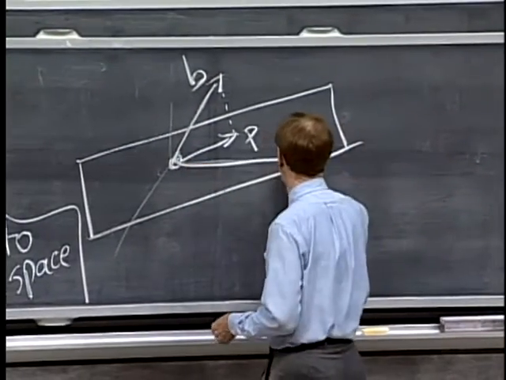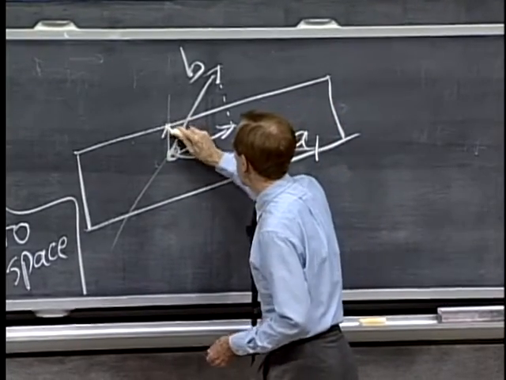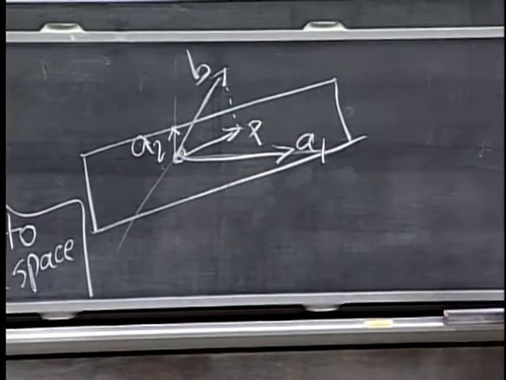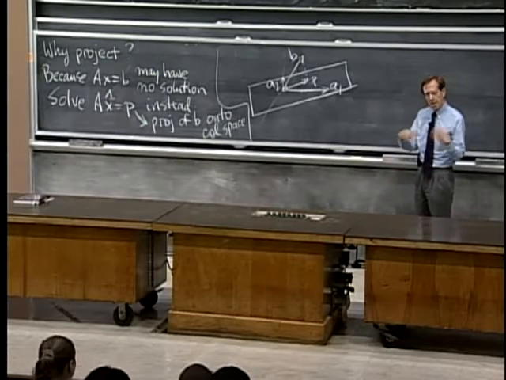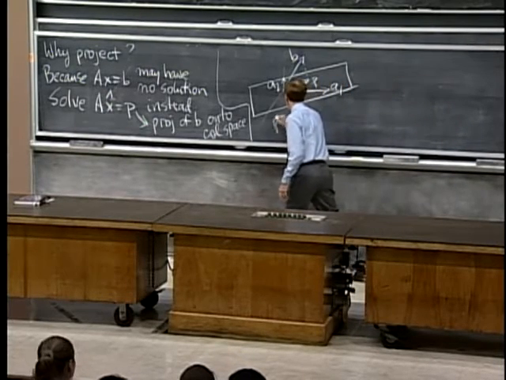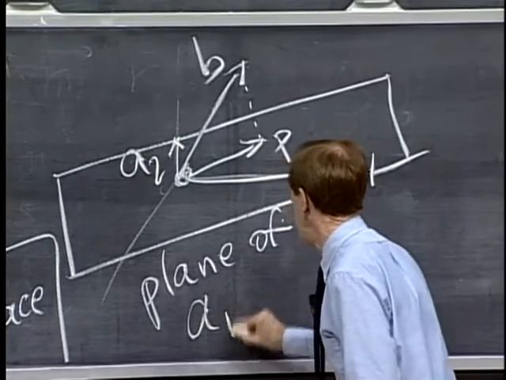So say there's an a1, and here's a vector a2. They don't have to be perpendicular, but they better be independent, because then that tells me the plane. The plane is the plane of a1 and a2.